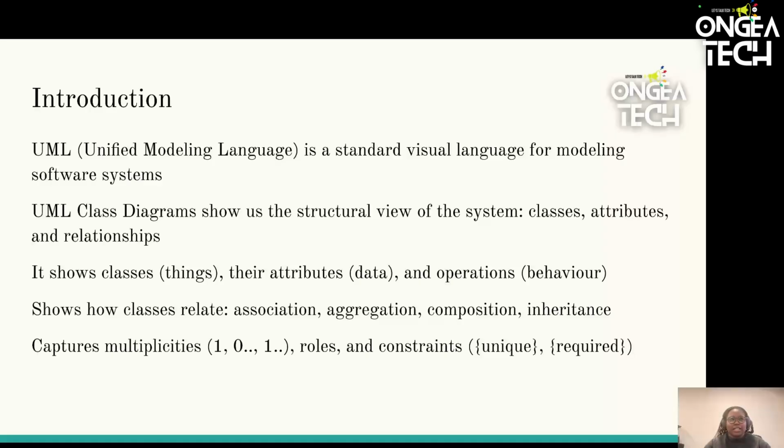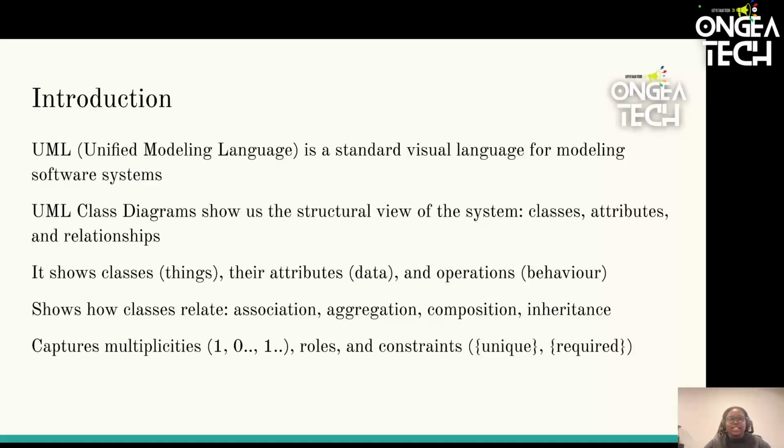So UML class diagrams help us do that. It helps us identify the classes, identify the attributes, that is methods and properties, and then the relationships that these classes will have to each other.